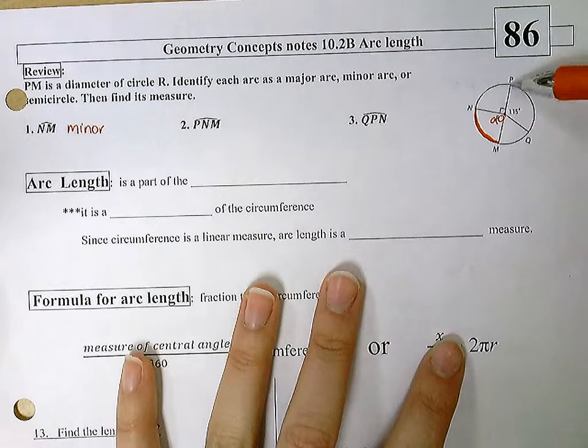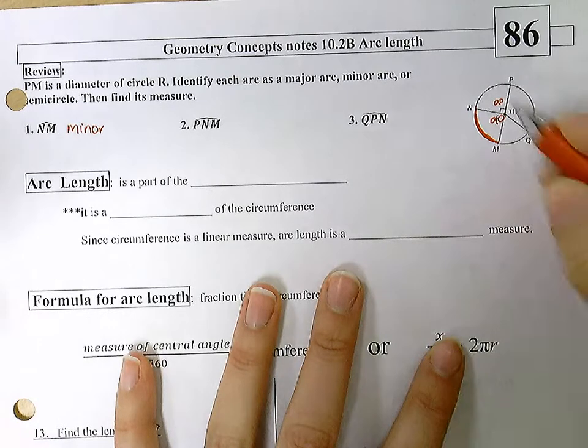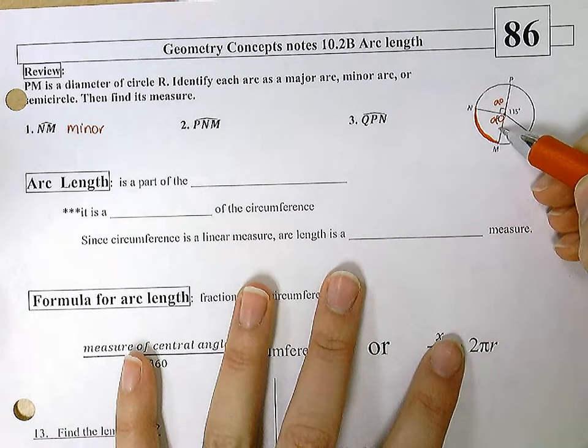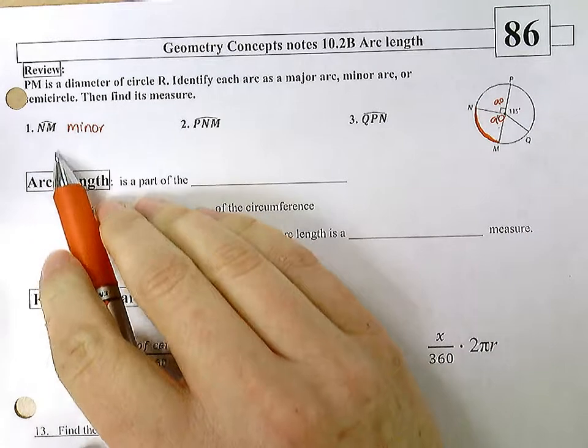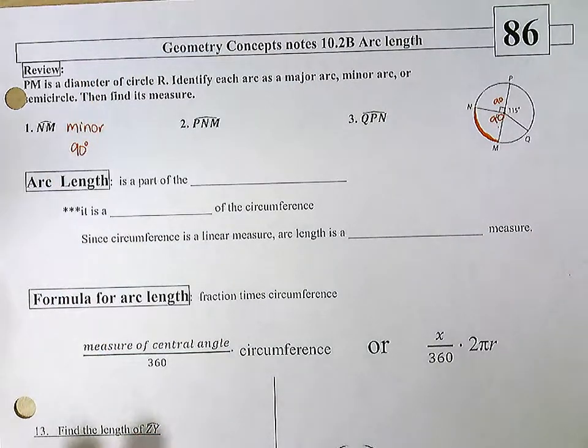Good. Since PM is a diameter, that creates a straight line, which is 180. Since this angle right here is 90, this one has to be 90, so they add to 180. So that means this arc measure is 90.